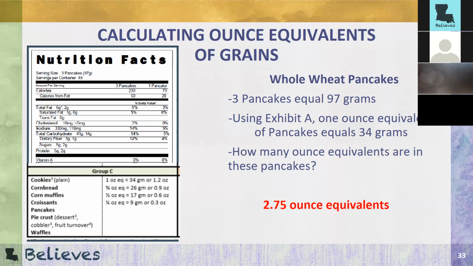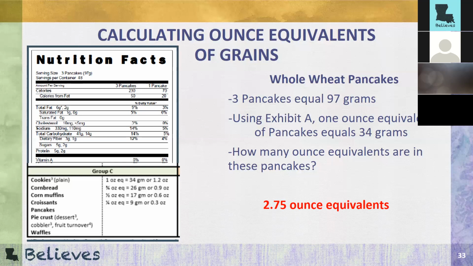So I'm going to divide the 97 by 34, and I get 2.85, but rounded down would equal 2.75 ounce equivalents. So my 3 pancakes are going to be 2.75 ounce equivalents of grain.